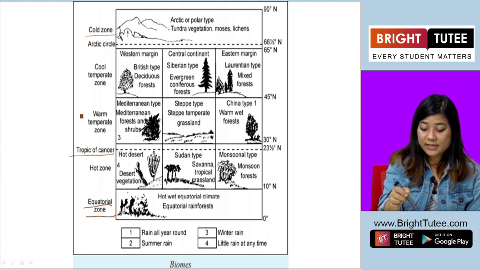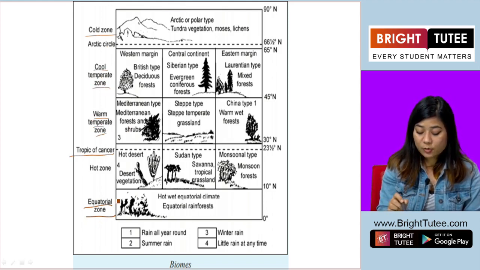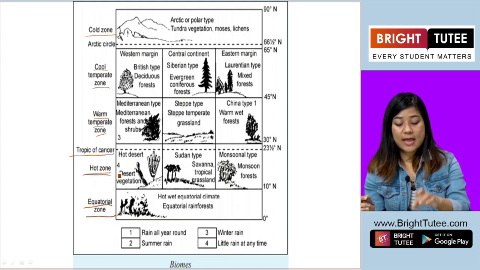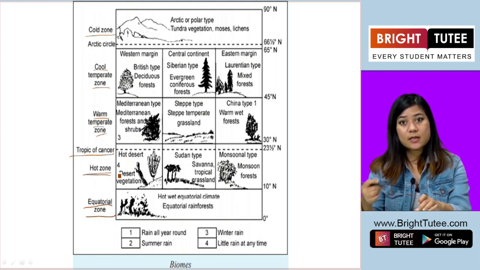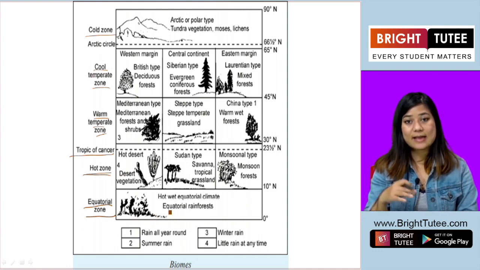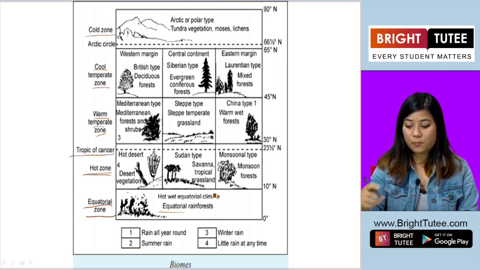So the area which lies between the Tropic of Cancer and Arctic Circle, that area has cool temperate zone, warm temperate zone, and the equatorial zone has hot zone. Okay, so according to the different and distinct climatic conditions, the plants and trees that grow in those zones are distinct from one another.